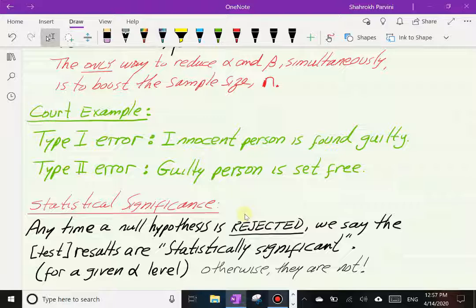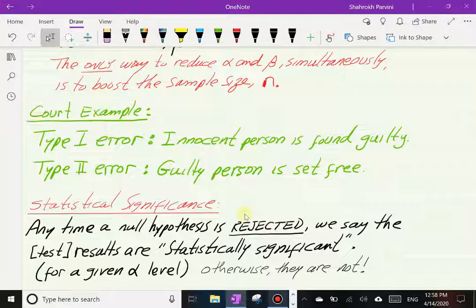So in general, anytime you hear in either research on radio or television or in your reading of literature, when you hear or read the words, the results of some research were statistically significant, what that means is that someone somewhere was able to reject a null hypothesis.